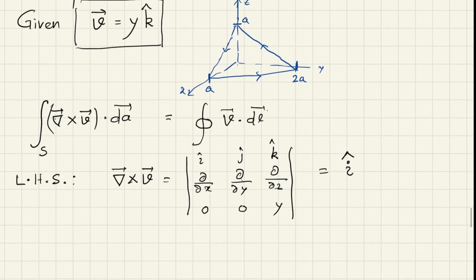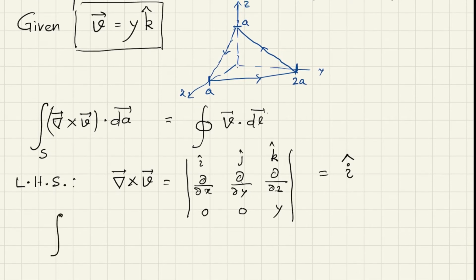So what will be the integral? The integral on the left hand side is the integral of del cross v dot dA. dA is pointing, of course, since it's flat, normal to the plane, but del cross v is only in the i direction. So this is like i dot dA integrated over.